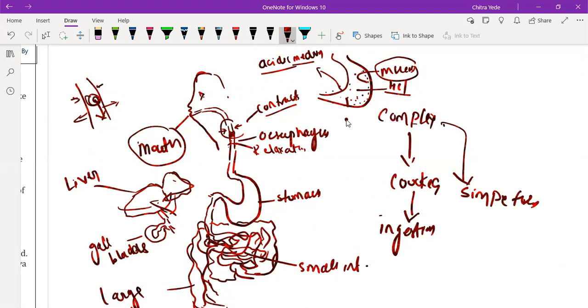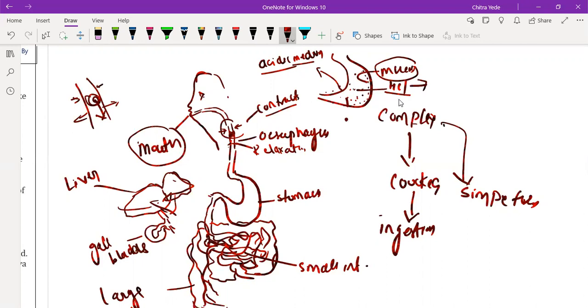For the passage of food, when the food becomes acidic, due to the action of acid the digestive enzymes get activated. In the acidic medium, the digestive enzymes become more active and help in the digestion of food.